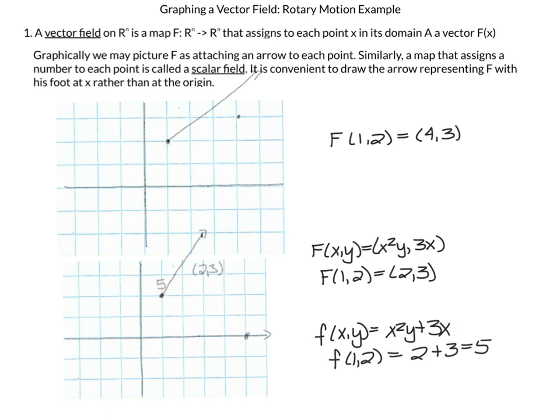I only give this to you so that you know there are scalar functions and there are vector functions. Scalar functions take however many inputs, x, y, z, and produce a single number. A vector function takes however many inputs and produces a vector that has magnitude and direction, not just a single point.